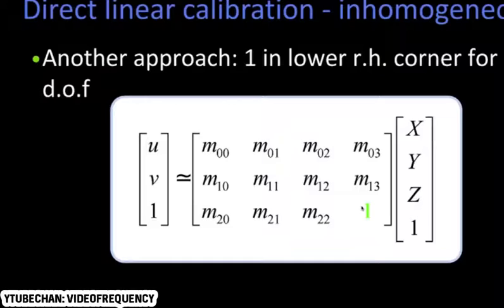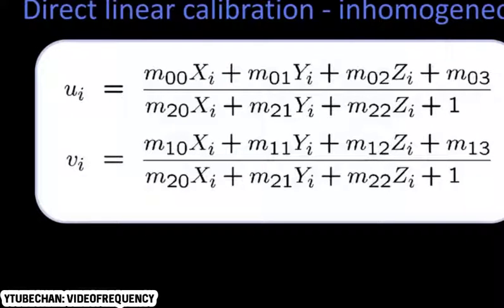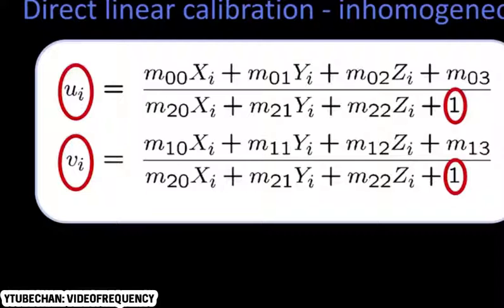And the reason I do that is now my equations for ui and vi become this. What you'll notice is I now have terms when I multiply out where the ones in the denominator multiply ui and vi, which remember are knowns because those are the locations of the points in the image. So I now have terms that don't have the variables in them.